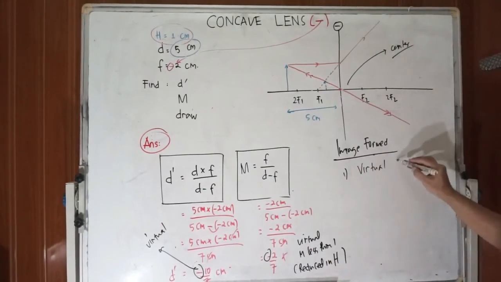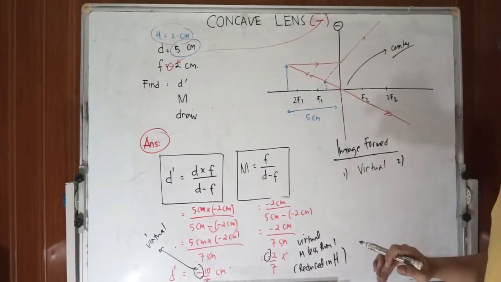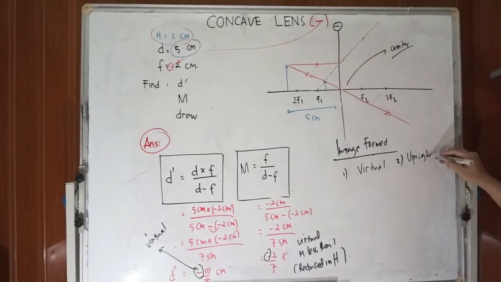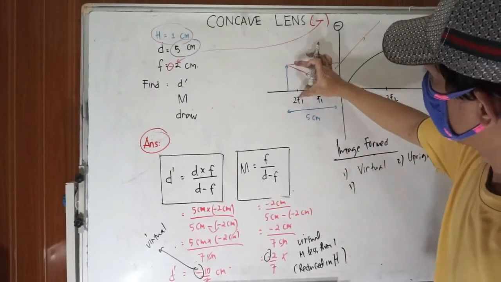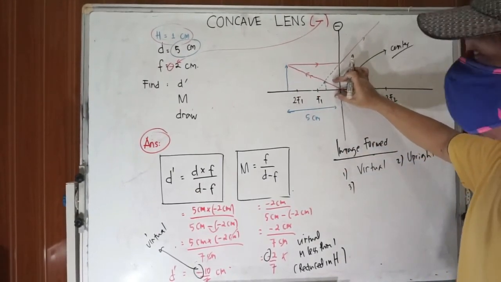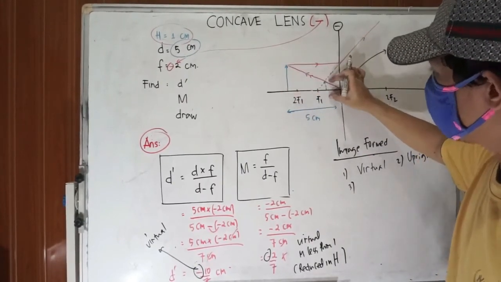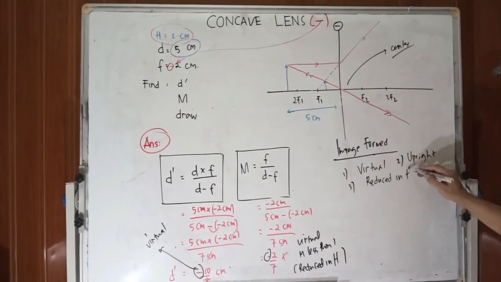Number 2, upright. Number 3, reduced in height.